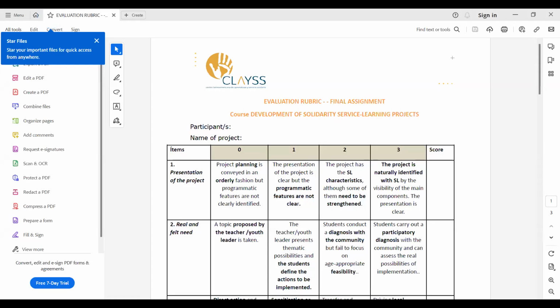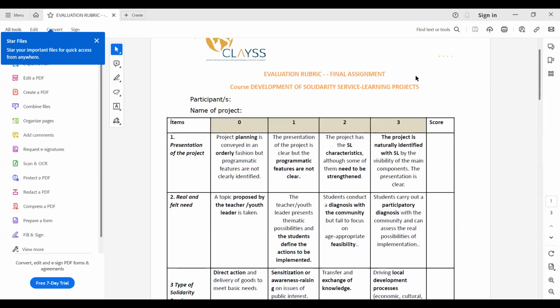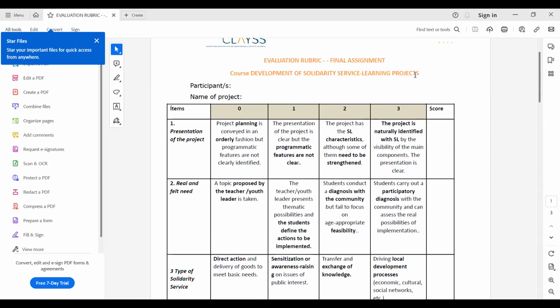Maybe we can think about any other strategy to give the participants that haven't presented their project today a chance to do it. Okay, this document is available for you in the platform from today up to the closure. So you will have this.